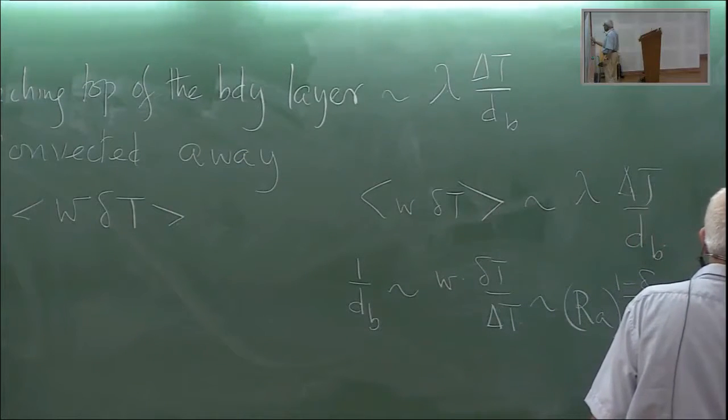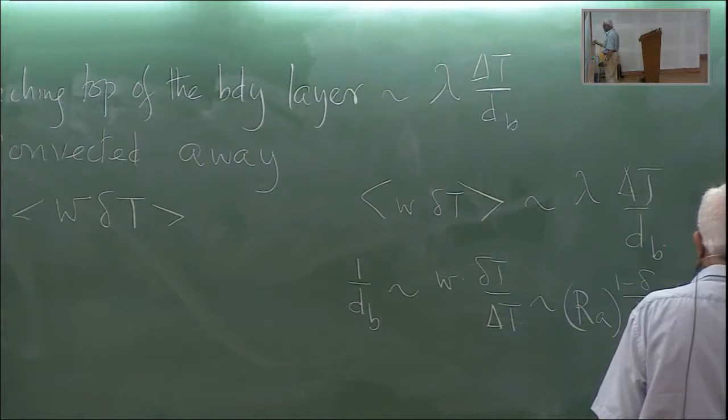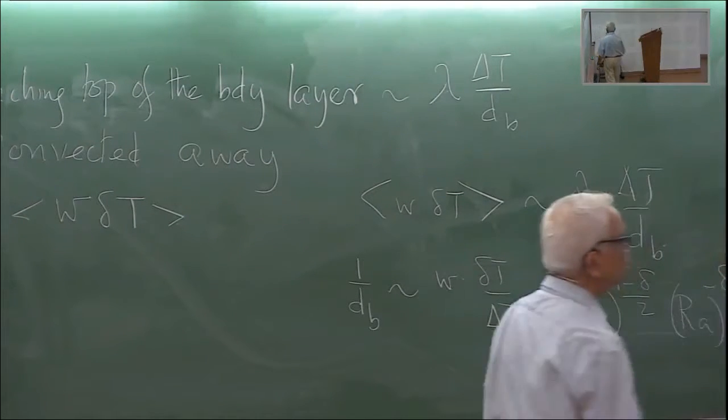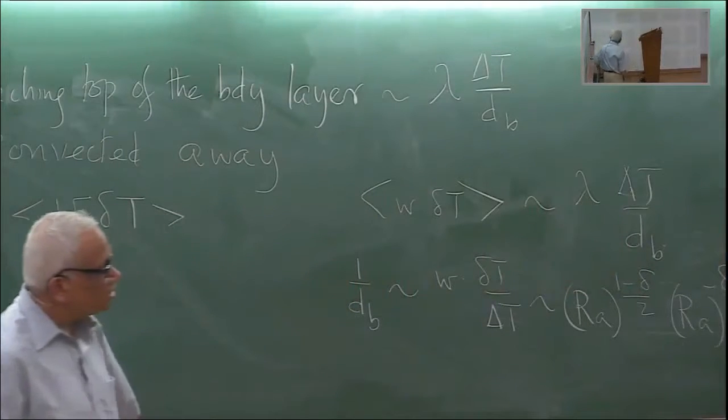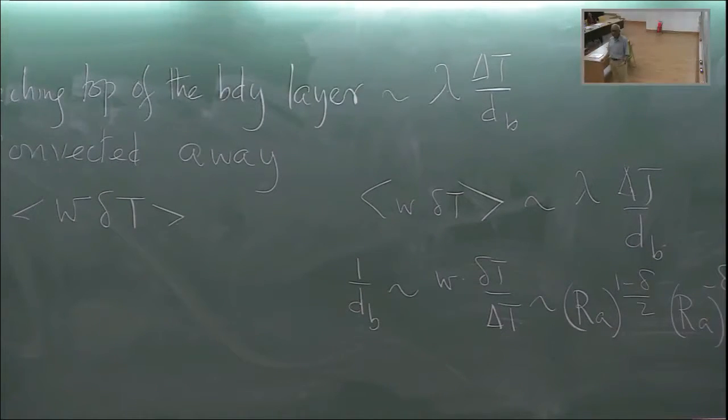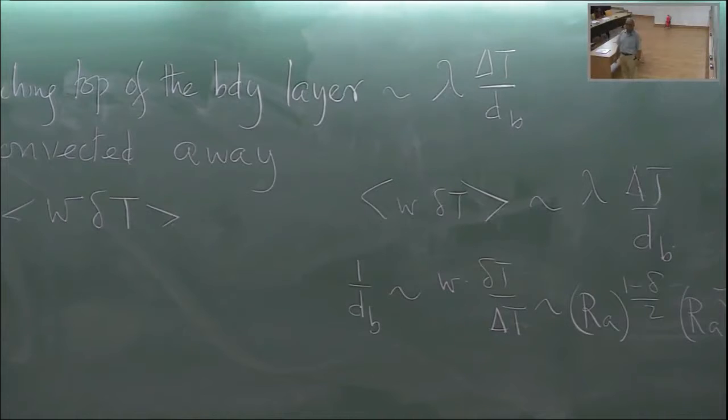So this goes as Ra to the power 1 minus 3 delta by 2. So I have estimated my 1 over d_B, and it's like Ra to the power 1 minus 3 delta by 2.